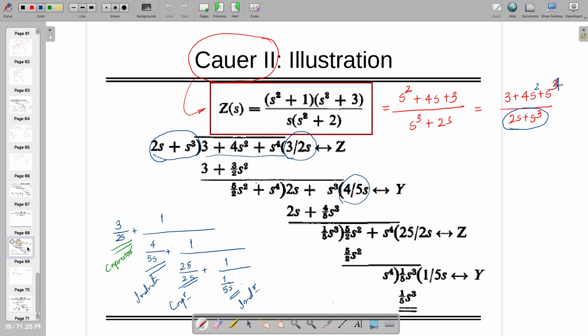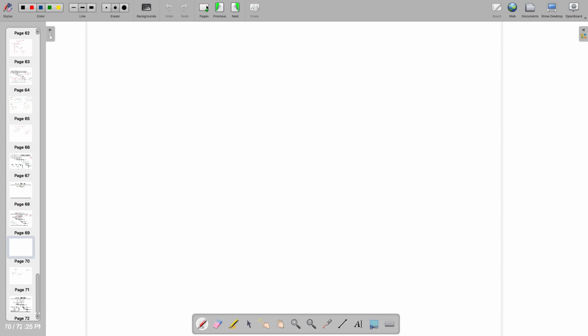Okay, so we are doing it for one reason, that when we started and I gave you some impedance function or admittance function to draw the circuit, you didn't get a unique answer, right? So two different scientists came, Foster and Cauer. They told that we have some way to find a unique circuit, and those unique circuits will have the names Foster 1, Foster 2, Cauer 1 and Cauer 2.